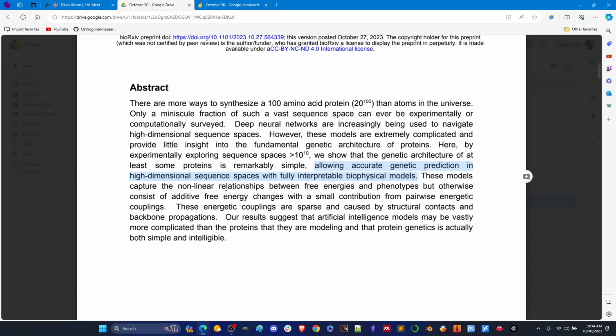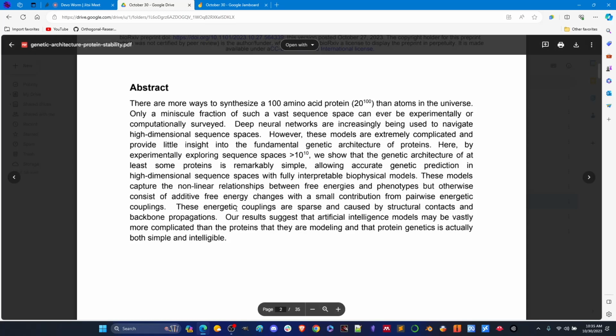These models capture the nonlinear relationships between free energies and phenotypes. So we want to know something about how you get to a certain phenotype. We usually would like to minimize free energy in a model like this. But there's also this model of phenotypes, and phenotypes are produced by these free energy states that are minimized generally, but not always at every step. So we want to capture the nonlinear relationships here, but otherwise the model consists of additive free energy changes with a small contribution from pairwise energetic couplings.